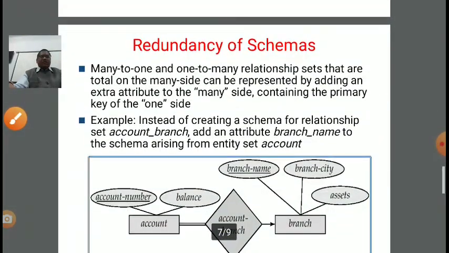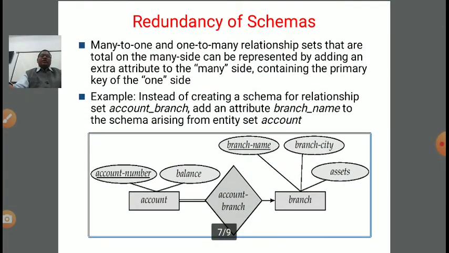Next, redundancy of the schema. If we want to reduce the schema further, how do we do that? Many to one and one to many relationship sets that are total on the many side can be represented by adding an extra attribute to the many side, containing the primary key of the one side.